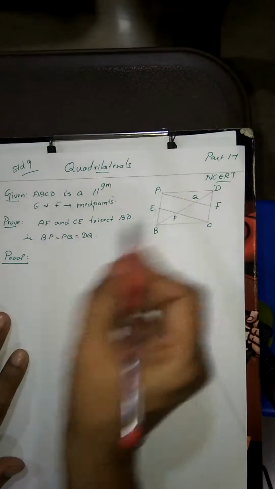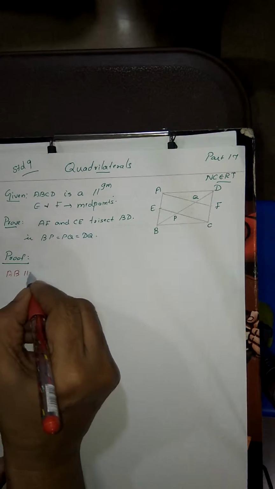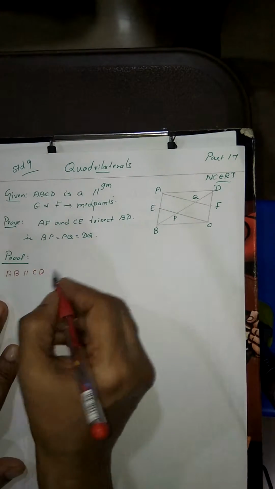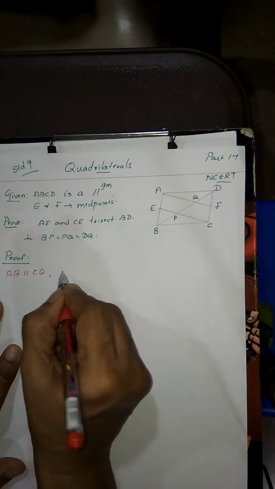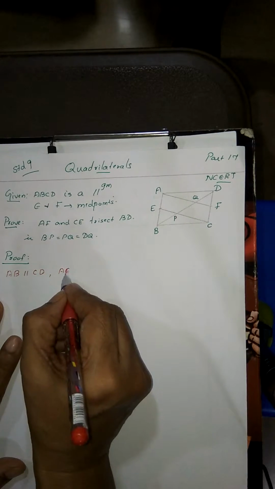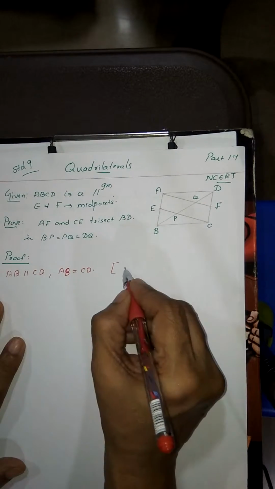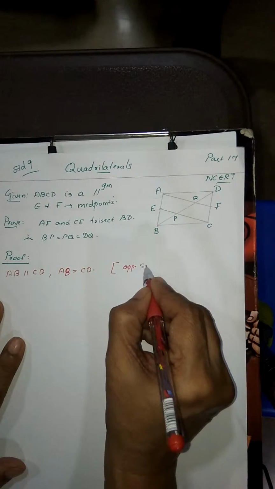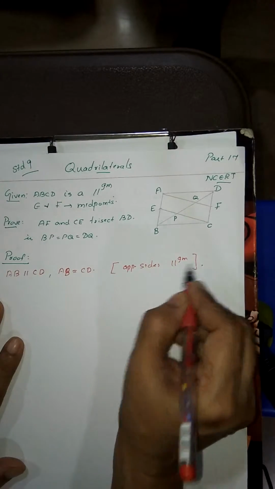So we'll start with AB is parallel to CD and AB is equal to CD. The reason is opposite sides of a parallelogram are parallel and equal.